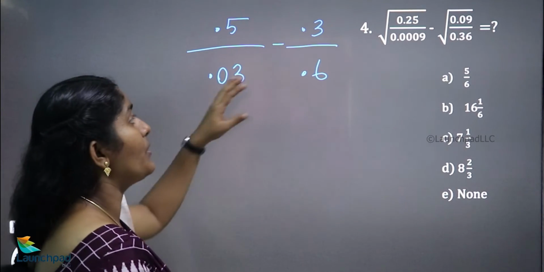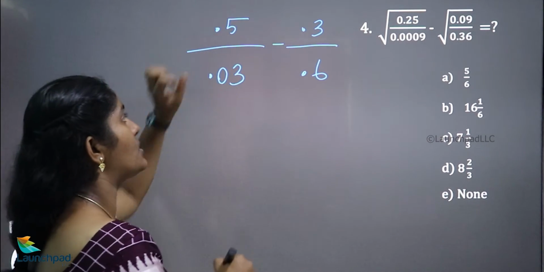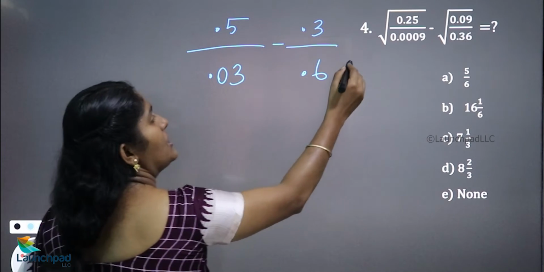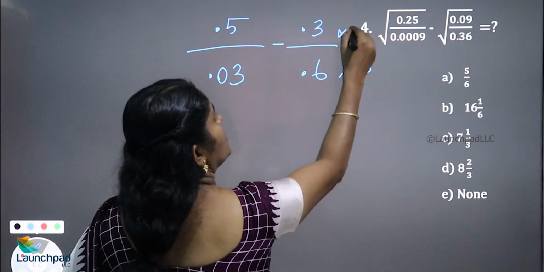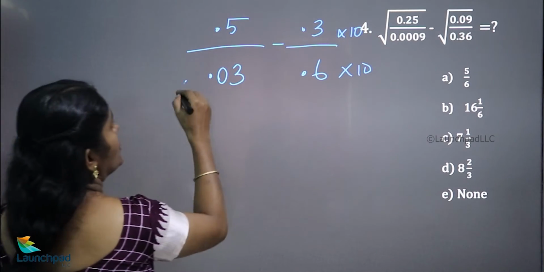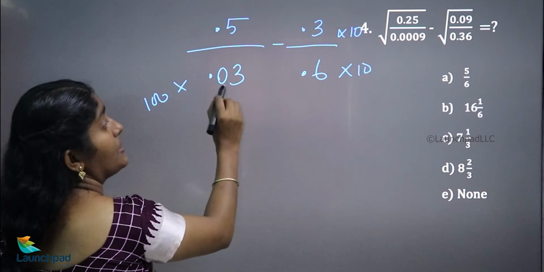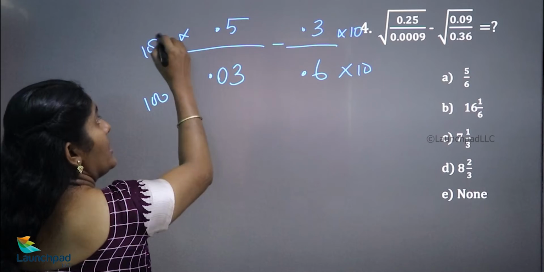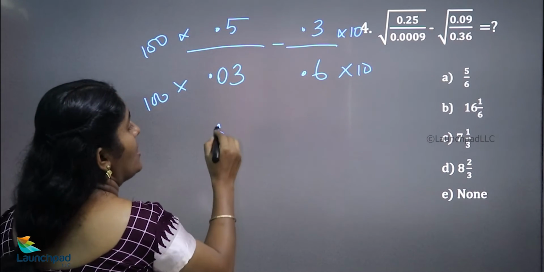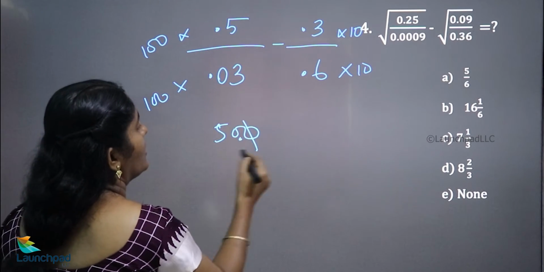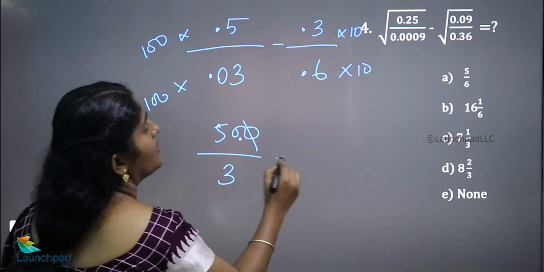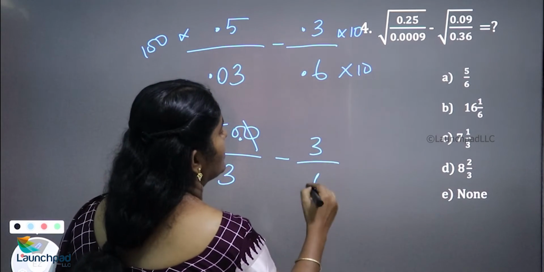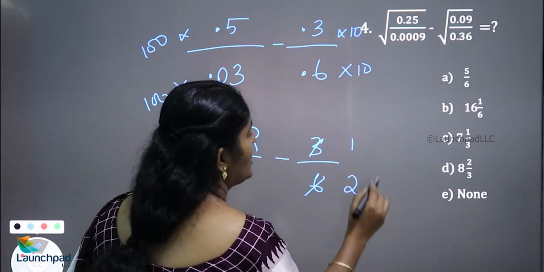So finally we are going to subtract this value from this value. Just multiply by 10 here, and here also 10, and here also 100. What is the maximum number of digits? 2 digits. So we want to multiply both numerator and denominator by 100. So 50 divided by 3 minus 3 by 6. 3 by 6 is 1 by 2.